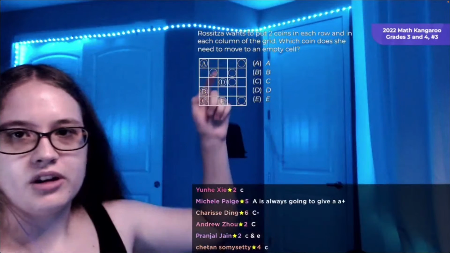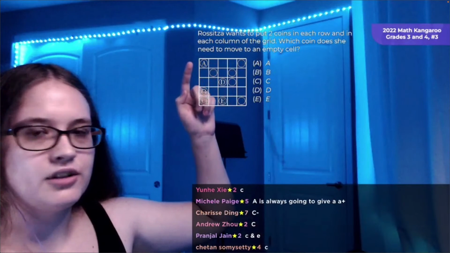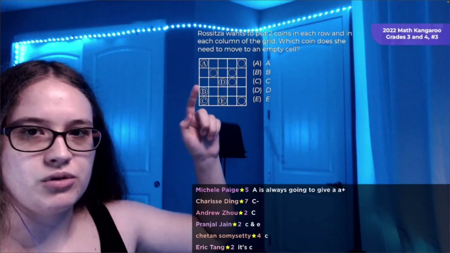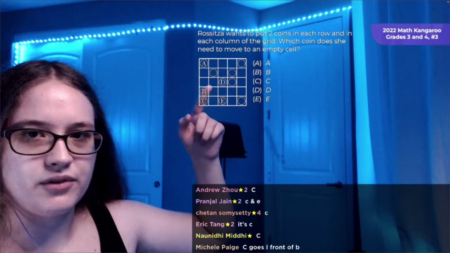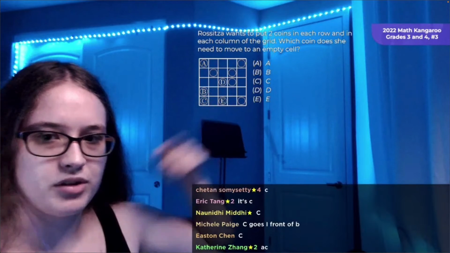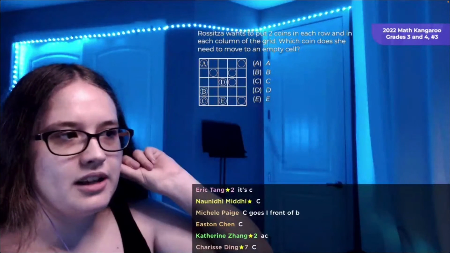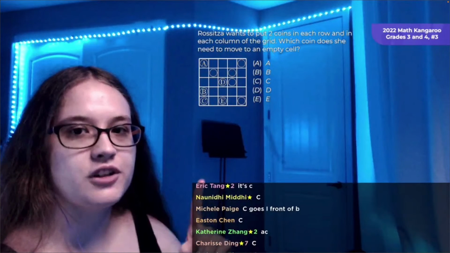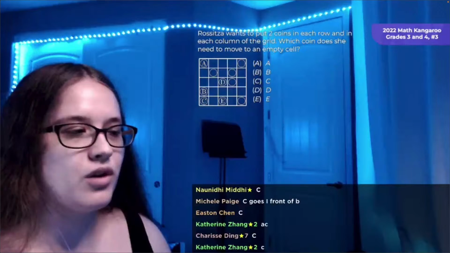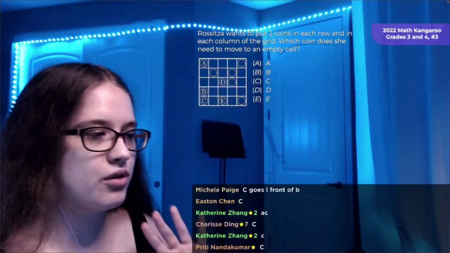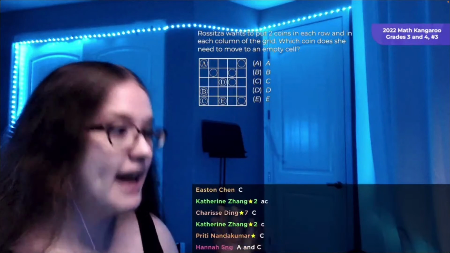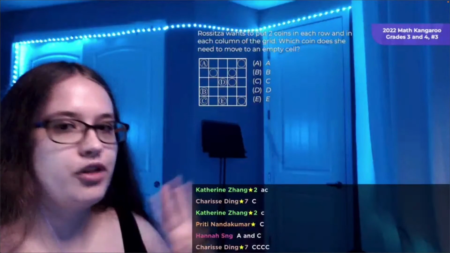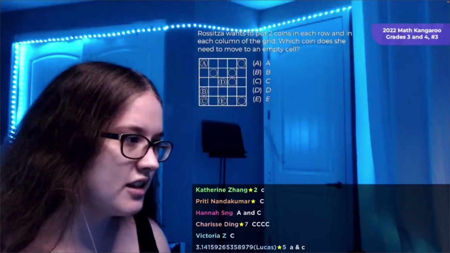And for the rows, we have 2 coins, 2 coins, 2 coins, 1 coin in this 4th row, 2 coins in the bottommost row. So the problematic column is the first column, and the problematic row is the 4th row. And the 5th row, because the 5th row has 3 coins.